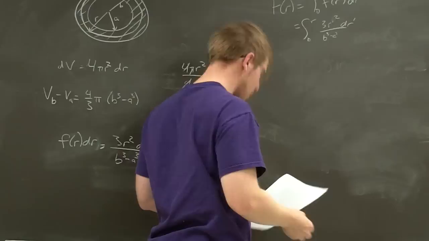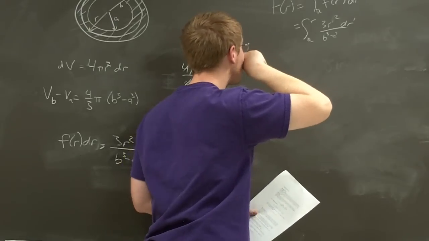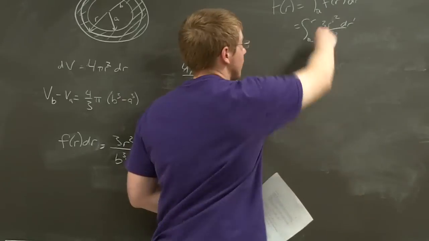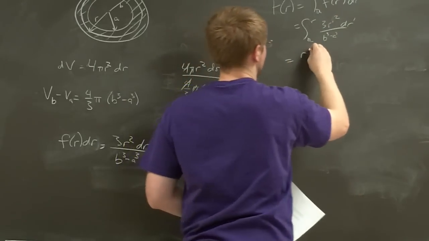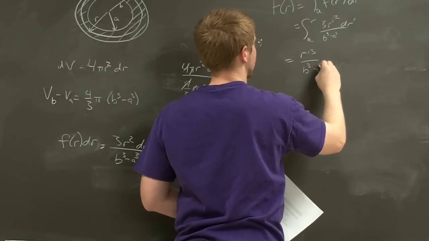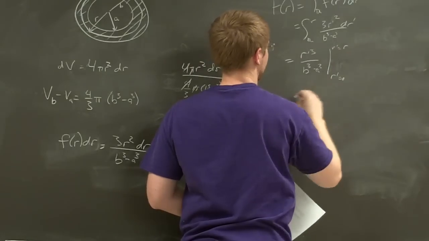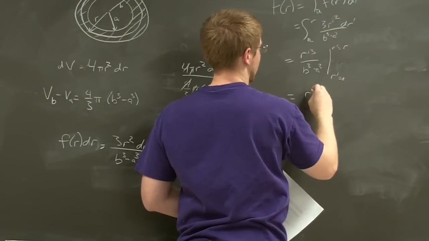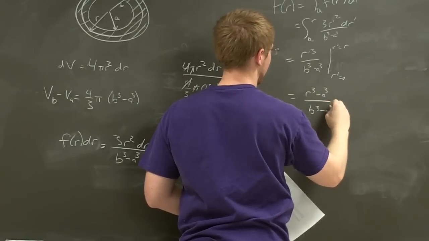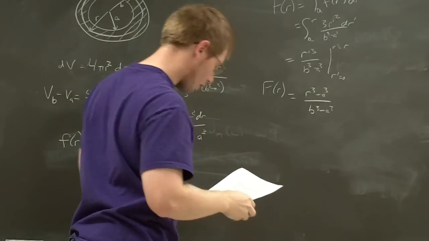And this is not 0, this is a, because there's no shell at radius 0. And we integrate this out and we get r prime cubed over b cubed minus a cubed evaluated from r prime equal to a and r prime equal to r. So we end up getting that r cubed minus a cubed over b cubed minus a cubed is equal to the cumulative distribution function, capital F of r.